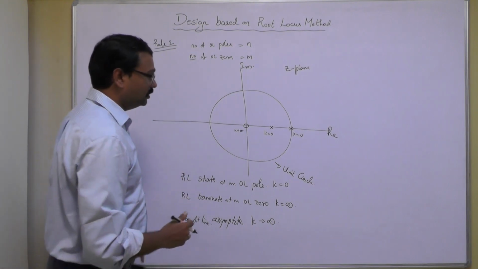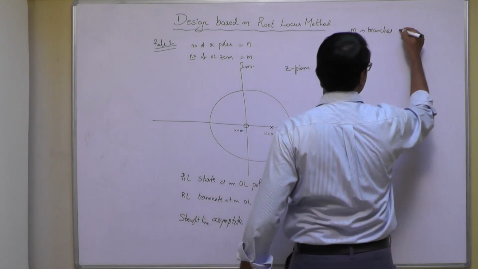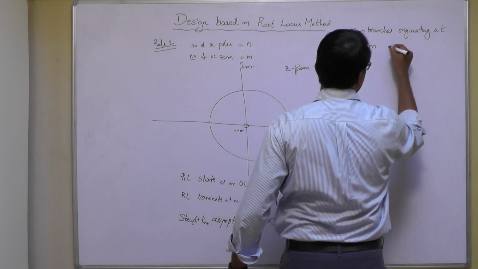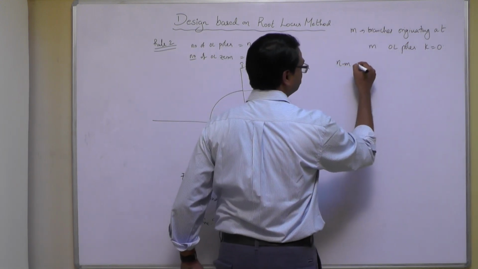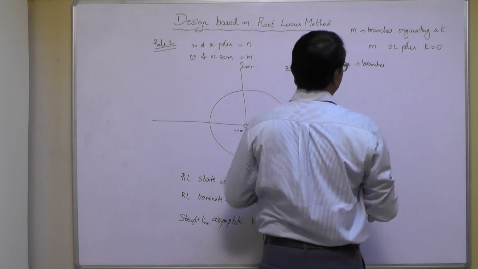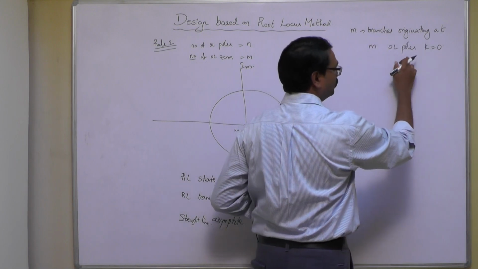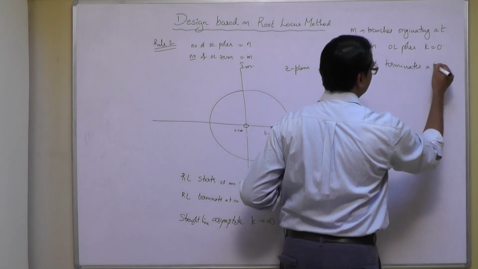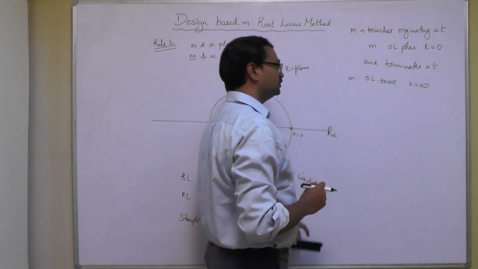So we have m number of branches originating at m open loop poles where k is equal to 0, and terminating at m open loop zeros where k tends to infinity.